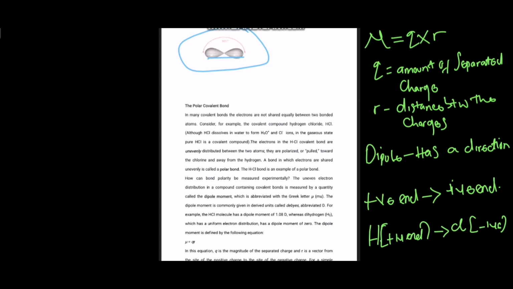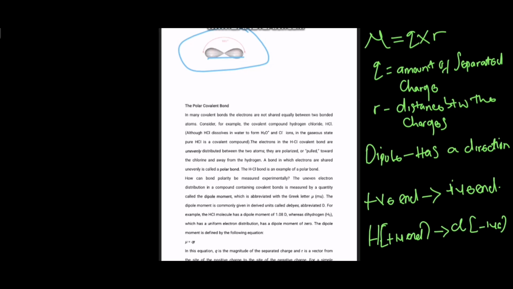The dipole has a direction, and it usually moves from the positive end to the negative end. So in hydrogen chloride, which is a polar covalent bond, the dipole moves from hydrogen to chlorine, the negative end. We are together, right?